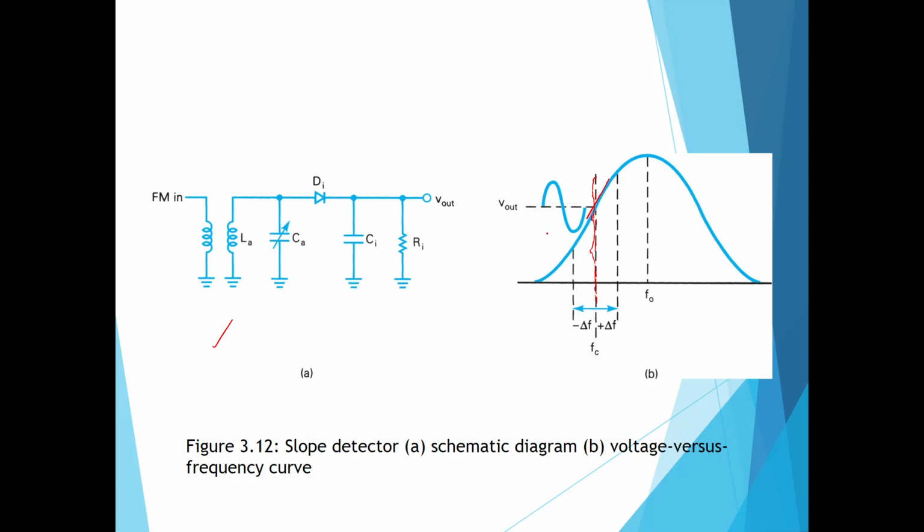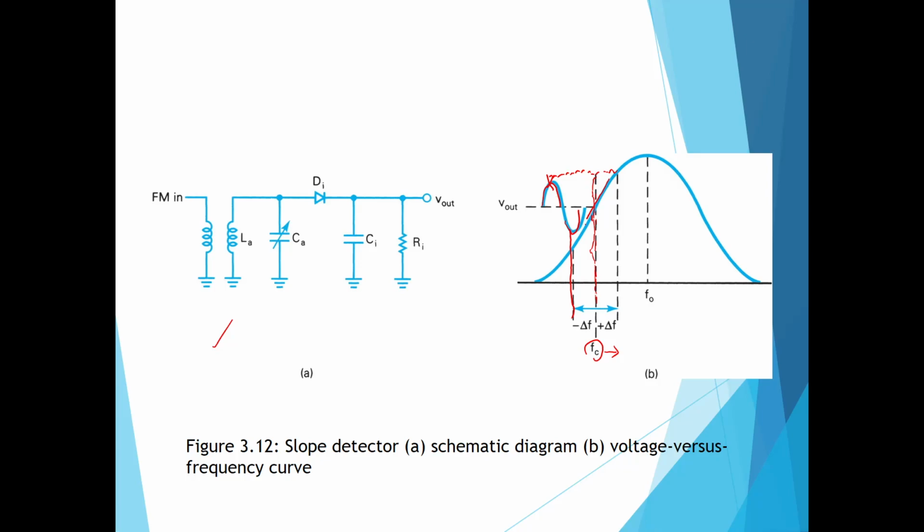Okay, and if the frequency of the input changes from rest to the maximum, it will produce the positive cycle, this one. And if the frequency of the input changes from rest to the minimum, which is this one, what happens is that it will produce the negative cycle to the output.